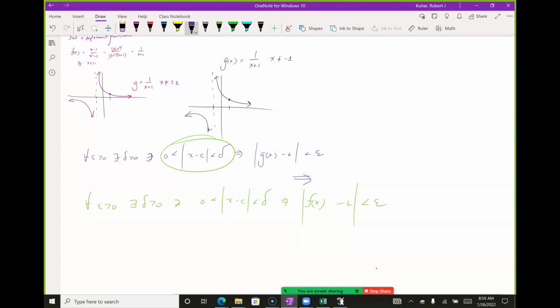It's called a removable discontinuity for a little bit later, but so we know that the limit as x goes to 1 of x minus 1 over x squared minus 1 is the limit as x goes to 1 of 1 over x plus 1, which is 1 over 1 plus 1, which is 1 over 2. And there's my limit.